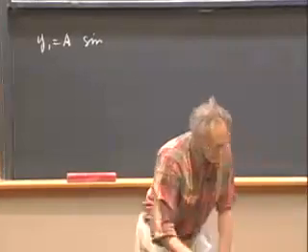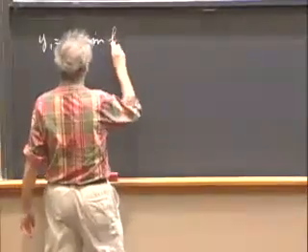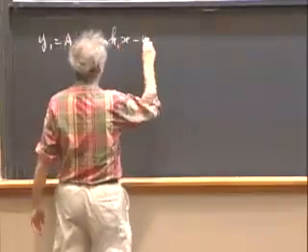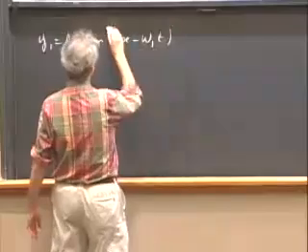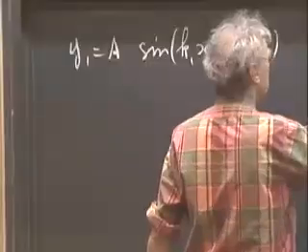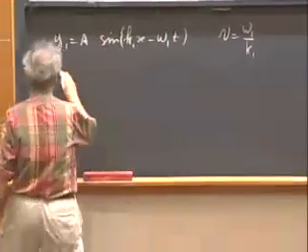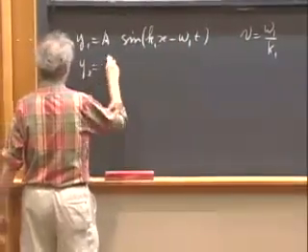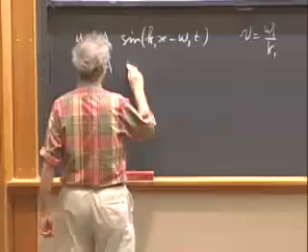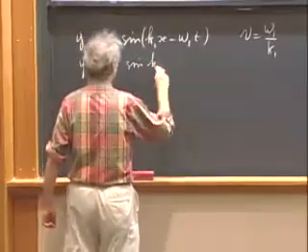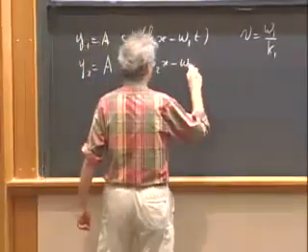So we get a times the sine of k1x minus omega 1t, and so the speed of propagation is omega 1 divided by k1. And then I have a second one, which for simplicity I give the same amplitude, the sine of k2 times x minus omega 2t.